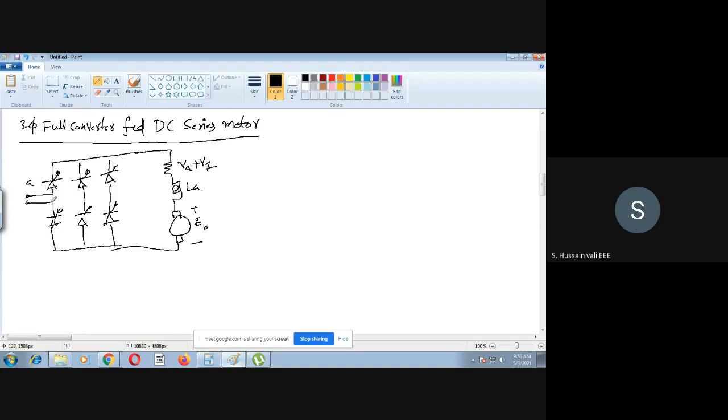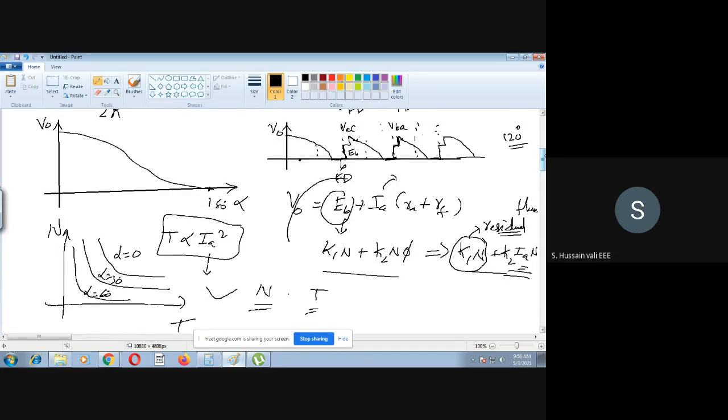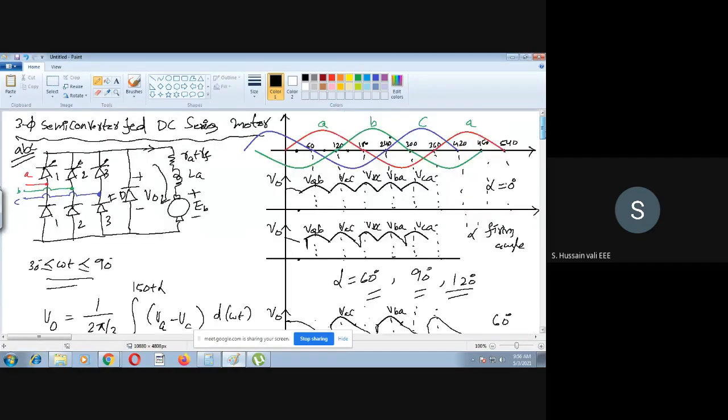A, B, C. Okay, we'll do one thing. We'll copy this picture here rather than drawing it once again.